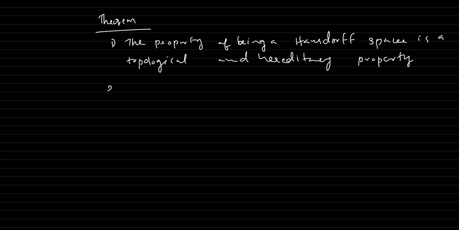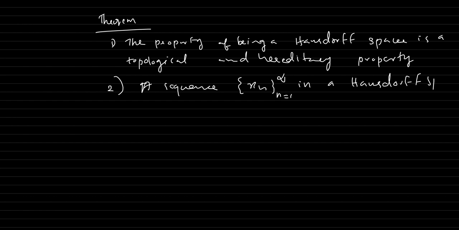And second, that a sequence x_n, where n equals 1 to infinity, in a Hausdorff space cannot converge to more than one point. These are the two statements.